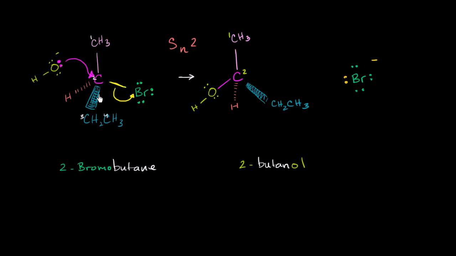The convention is start with the thing that has the highest atomic number, which is the bromine, and then rotate in the order of the next highest atomic number. You have a carbon there, and they have the same atomic number, so you go to what each is bonded to for the tiebreaker. This is bonded to 3 hydrogens, this is bonded to 2 hydrogens and then another carbon.